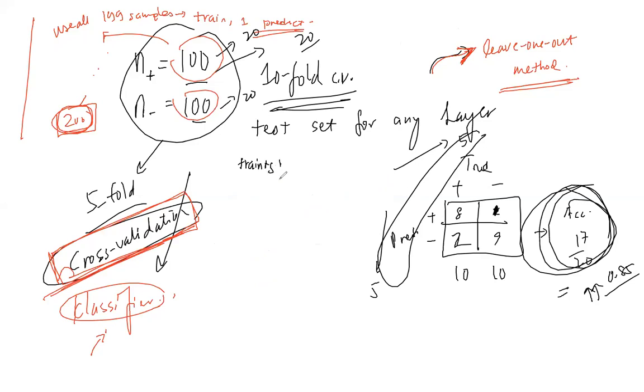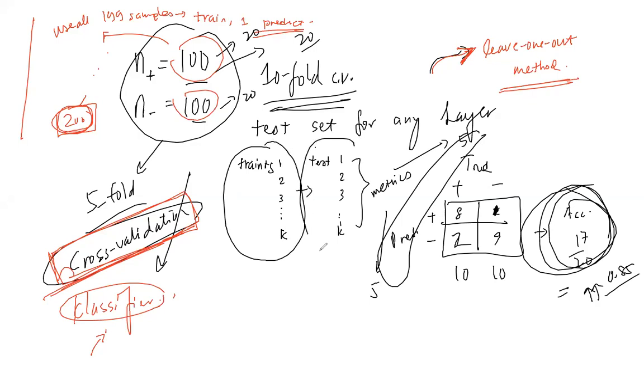You get training sample 1, training sample 2, training sample 3, and test sample 1, test sample 2, test sample 3, maybe test sample K, right? And then you get some performance metrics for each of these test samples. Basically you are using different training samples to get this, okay?